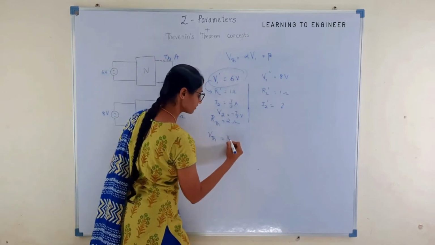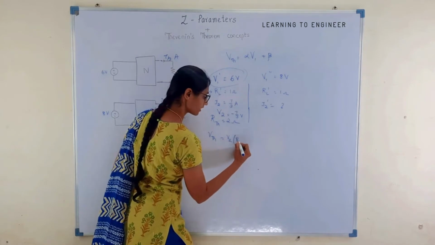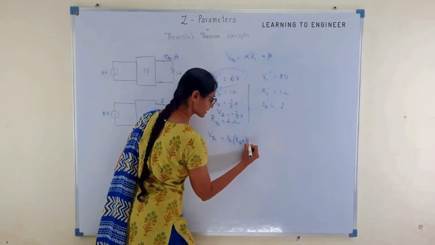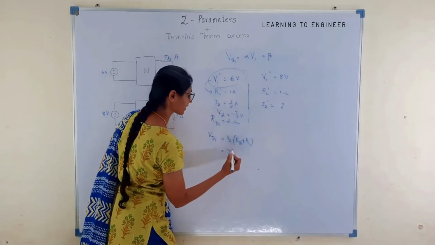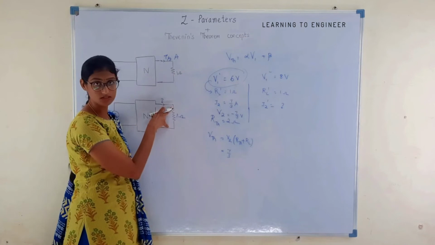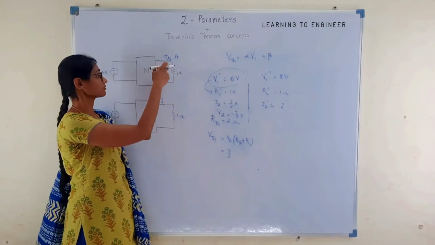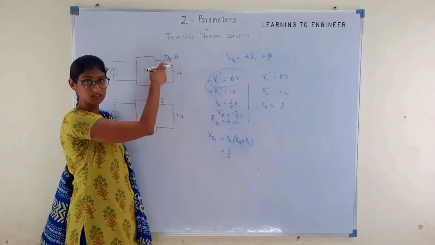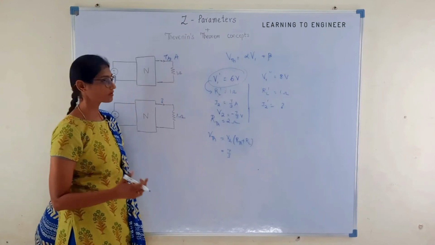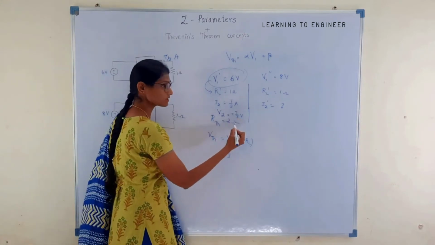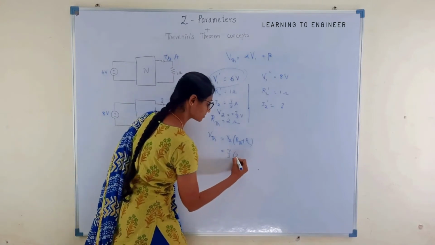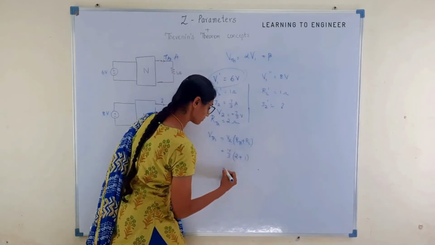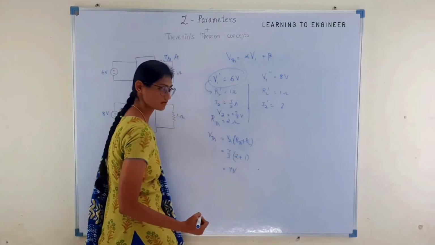VTH is equal to V2 into RTH plus RL, right? So this is equal to 7 by 3. Again we are considering the voltage across this resistor, but not the voltage across the two-port network. So we can peacefully ignore this minus sign as well. So V2 is equal to 7 by 3 into RTH is 2, RL is 1. So the Thevenin equivalent voltage is 7 volt.